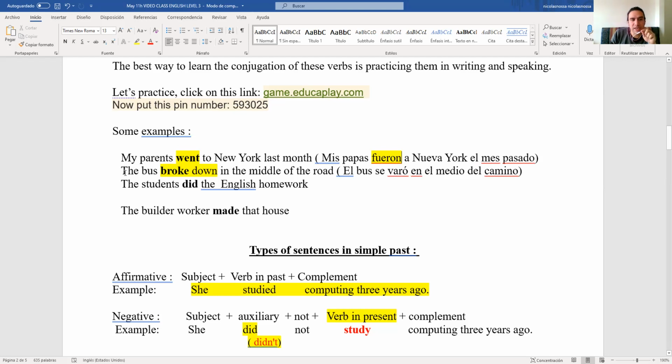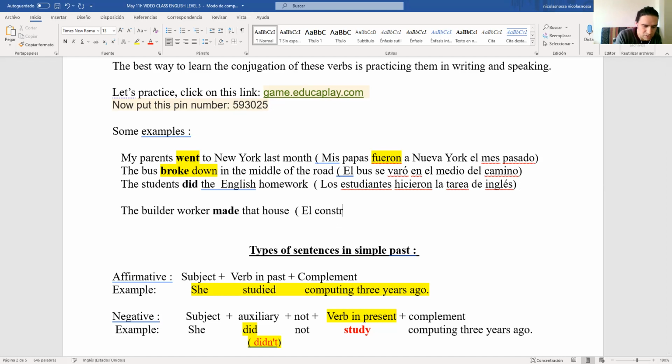¿Ok? The second one, the bus broke down in the middle of the road. El bus se varó en medio del camino. Entonces, broke. El verbo romper o quebrarse, ¿no? En pasado es broke. The next one, the students did the English homework. Entonces serían los estudiantes hicieron la tarea de inglés. And the last example, the builder, worker, made a house.